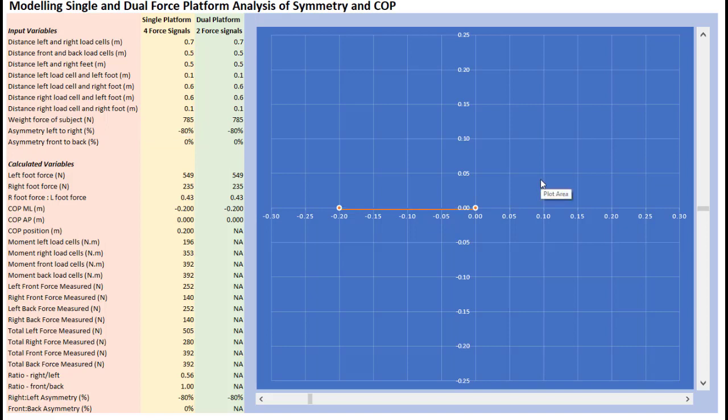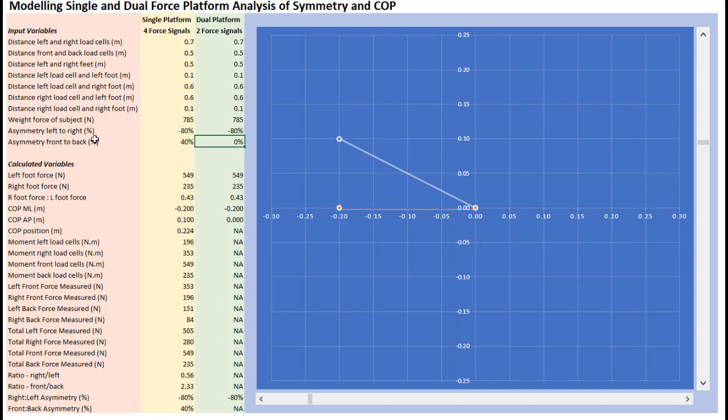So now we'll introduce some asymmetry in the front to back plane, so anterior posterior. So we'll shift the weight forward here, and we'll take it forward by 40%. Now, due to only having 2 force signals from the dual plate system, it's unable to resolve any shift in weight force in the anterior posterior plane.